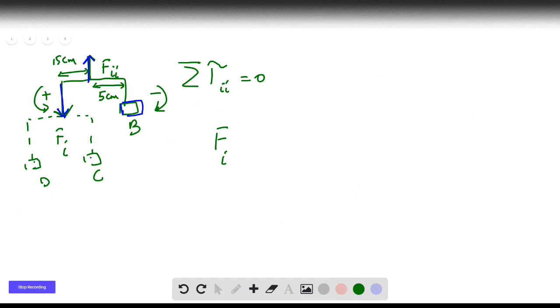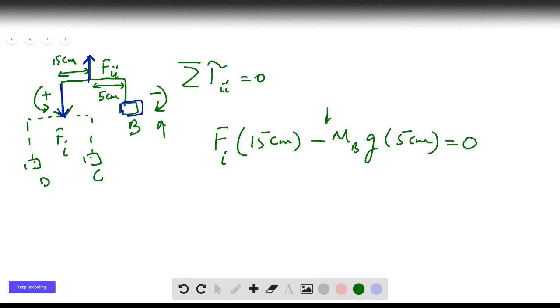So you have F1 times 15 centimeters minus MBg times 5 centimeters equals 0. This one is negative because it's clockwise.